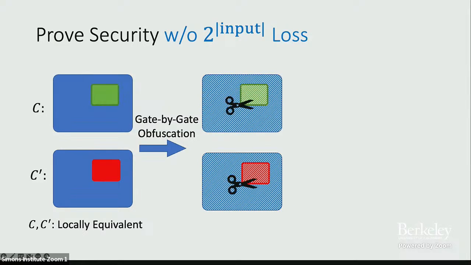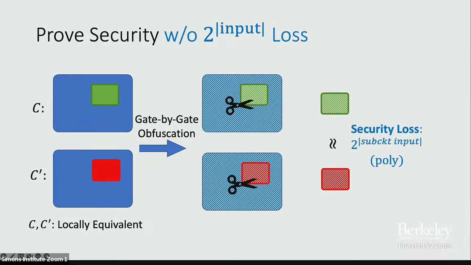So we can simply ignore them and only focus on the obfuscation of these two subcircuits. To argue the obfuscations of these two subcircuits are indistinguishable, we can use a reduction that has loss due to the input length to this subcircuit. And since the size of this subcircuit is very small, we can bypass the due to the input length barrier.